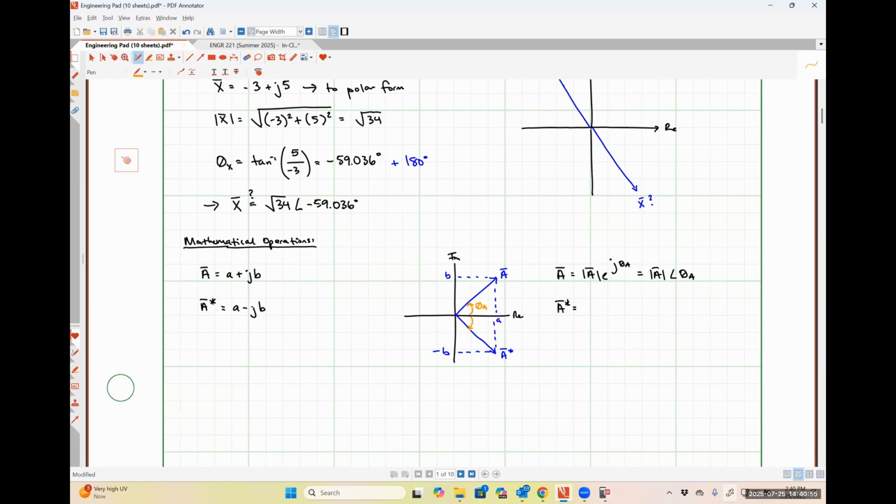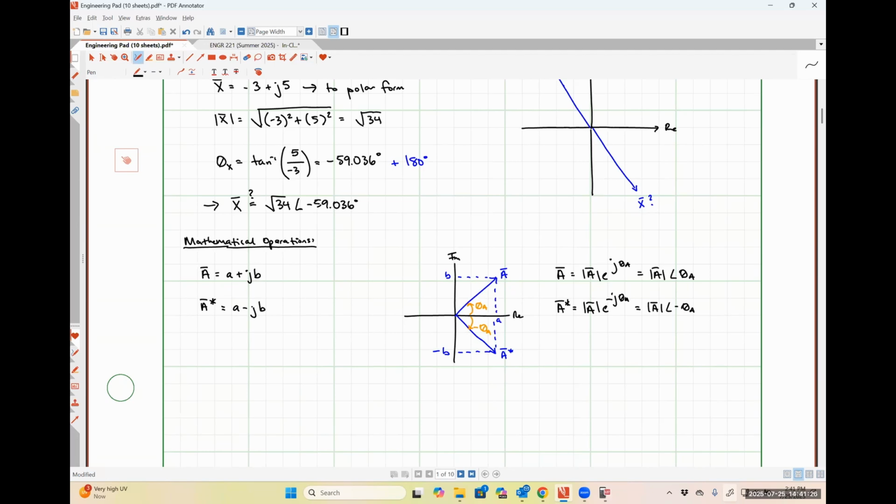It's literally just negative theta A. So essentially, the complex conjugate operation just flips the sign on the angle if we have an exponential form complex number or a polar form complex number. So our magnitude stays the same, but now we're going to have e to the negative j theta A, or the magnitude of A with an angle of negative theta A.